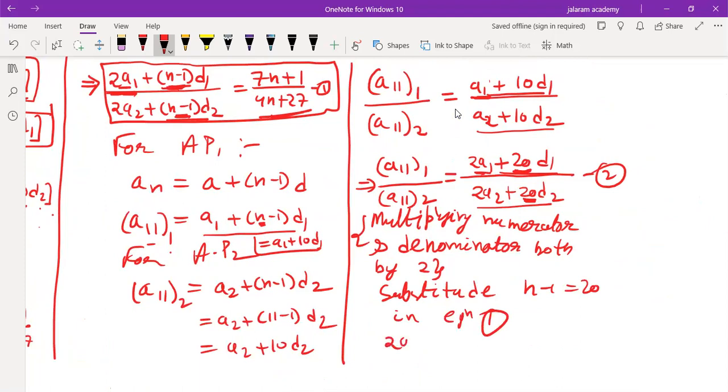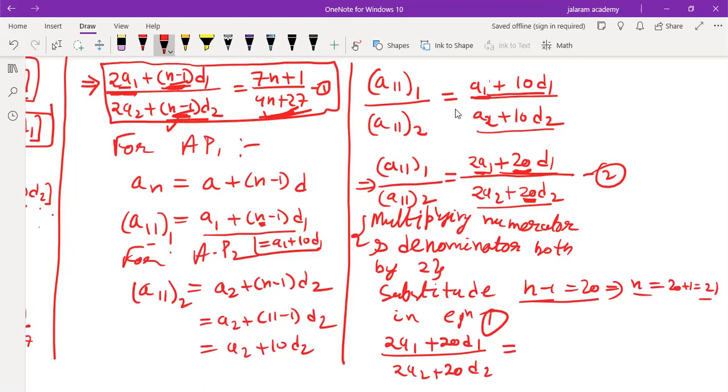We get 2a1 plus 20d1 over 2a2 plus 20d2 equals to. Not only in the left hand side, we have to use the same results in the right hand side also. So if we are using n minus 1 equals 20 in the left hand side, it means n equals 20 plus 1, that is 21.